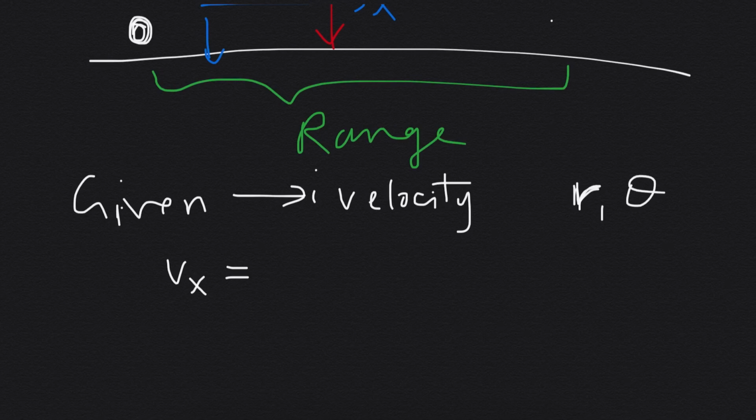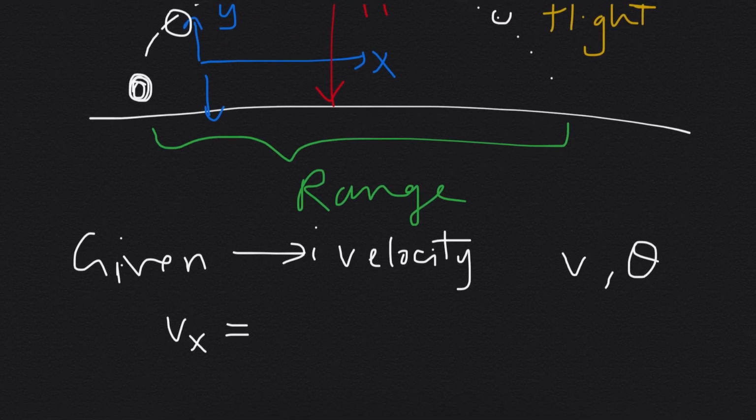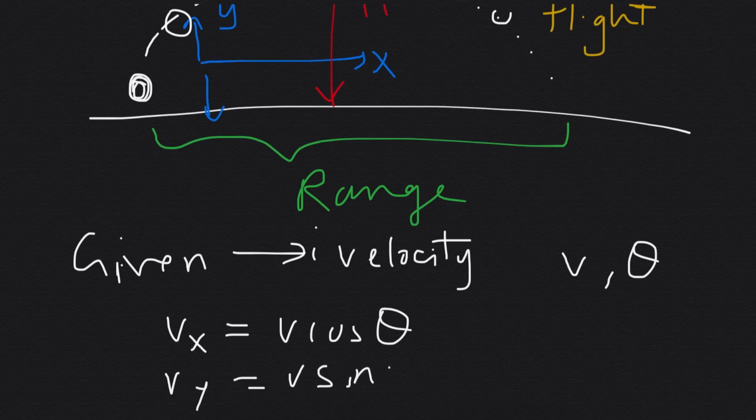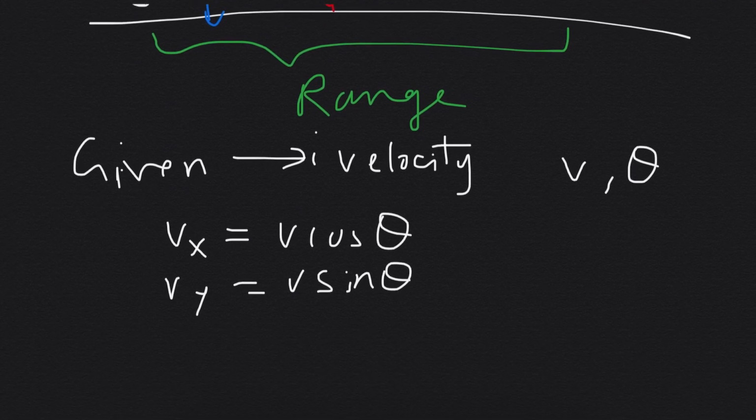In this case, r will actually just be v. So I'll say v and theta. v is the magnitude of the velocity, like a number without any sign to it, and theta is the orientation with which you throw it. So vx would equal v cosine theta, remember the previous formula, and vy would equal v sine theta. That's if you need vx and vy.